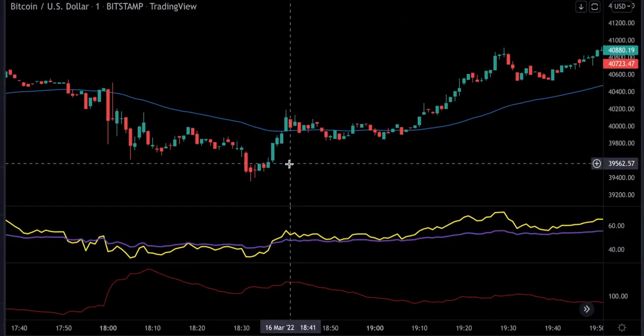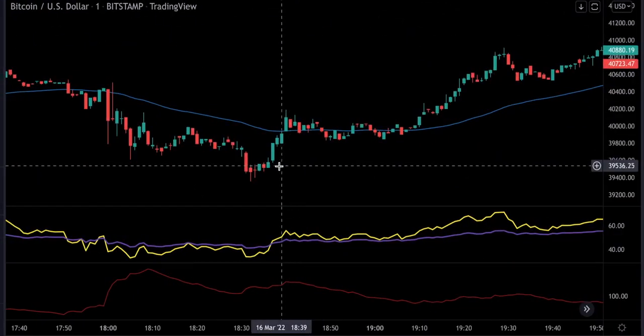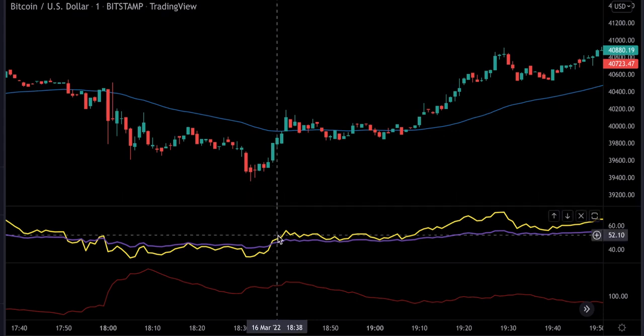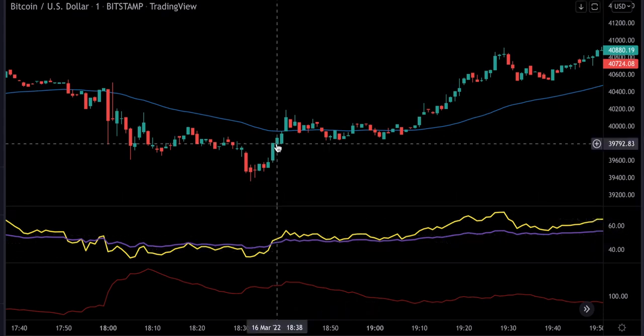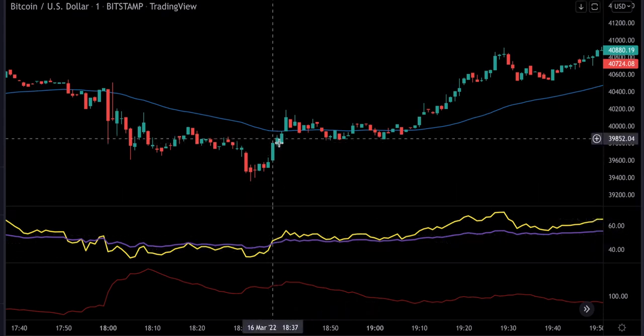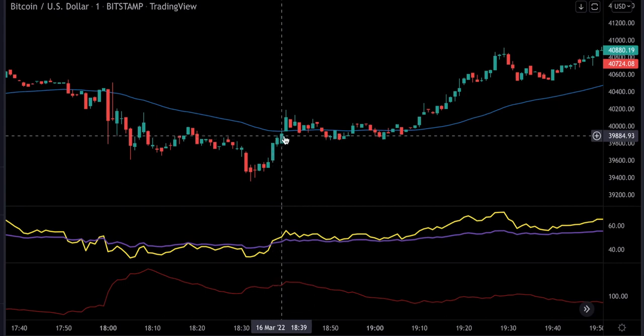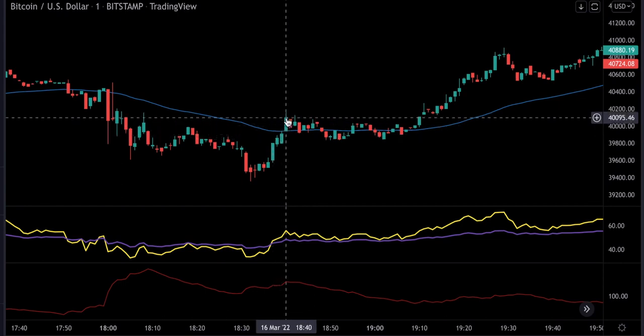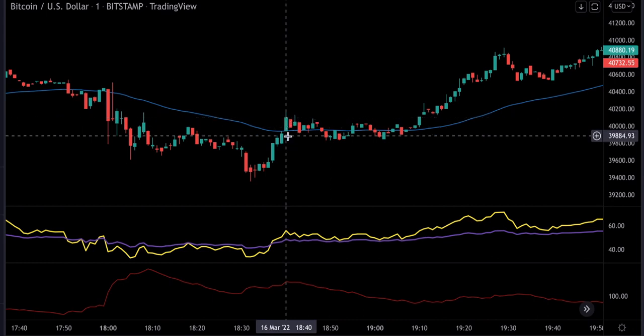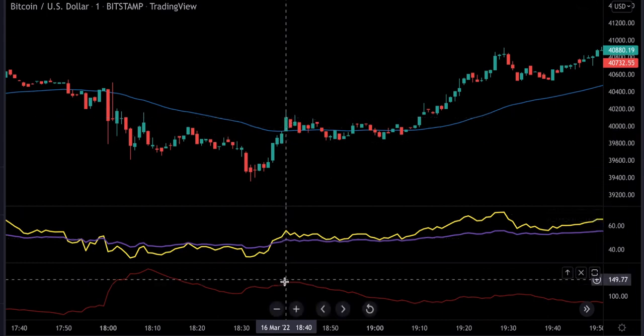Okay, so let me now show you an example of a long trade. So we see a signal from our main confirmation indicator right here to go long, but the price is still below the moving average. So what we're waiting for is basically for the price to cross and close above the moving average. So now we can enter a long trade. What we need to do right now is to look at the value of our ATR indicator. We see it's sitting at 140.